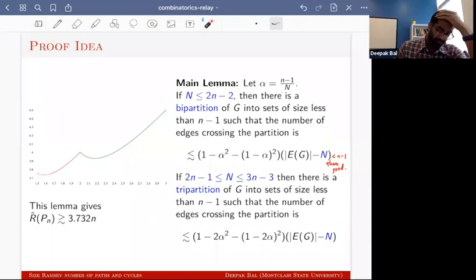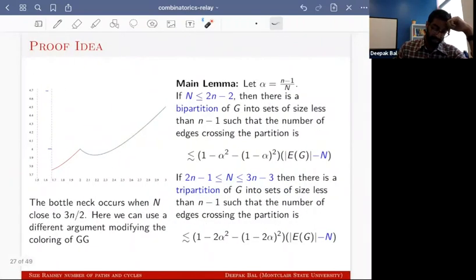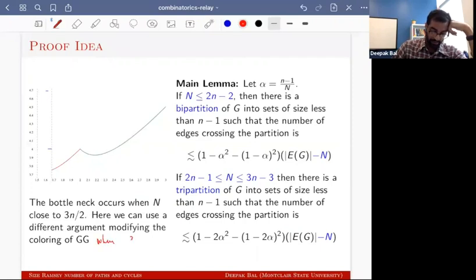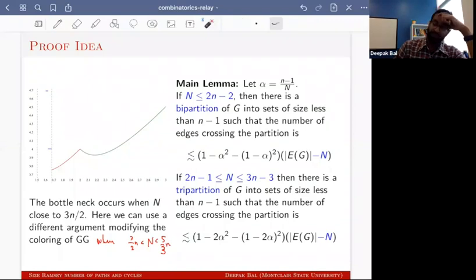But the result I mentioned was 3.75. So how do you do that? Basically, the bottleneck occurs when the number of vertices of G is close to 3n over 2. So in that area, when capital N is between 3n over 2 and 5/3 n, you can use a different type of coloring.